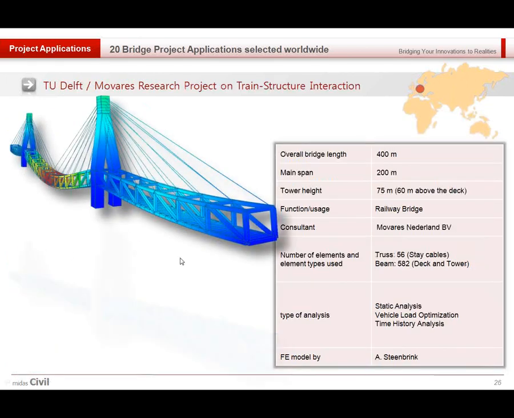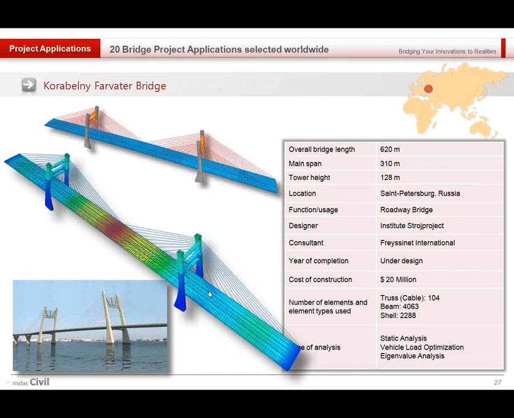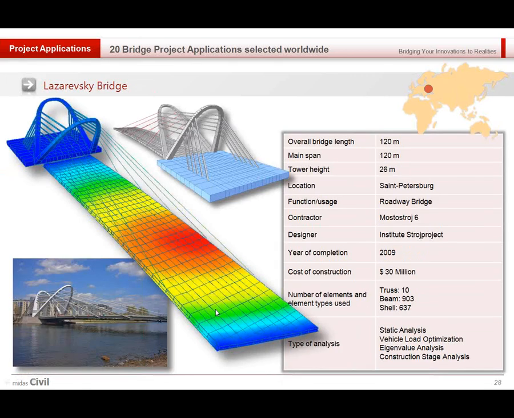And this is the railway bridge in Netherlands. And this bridge is in Russia. Story Project was the designer for this bridge. And another bridge in Russia, St. Petersburg.